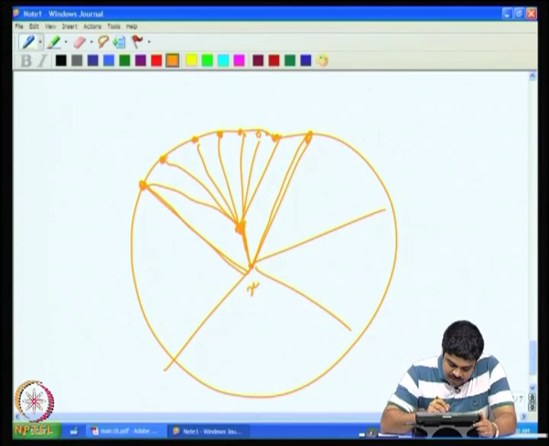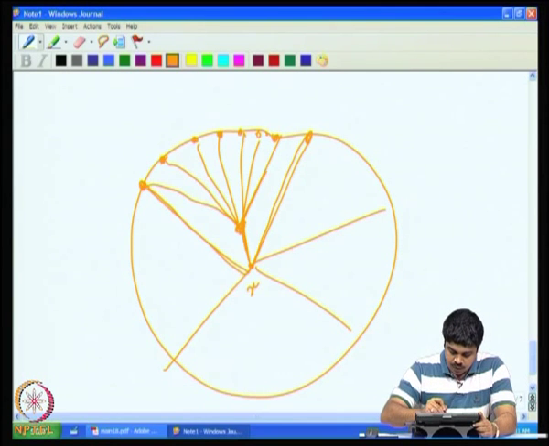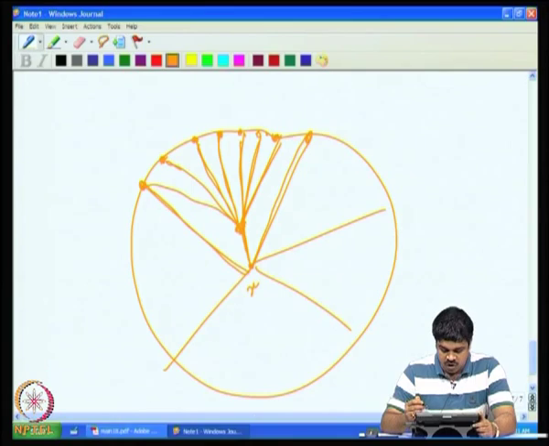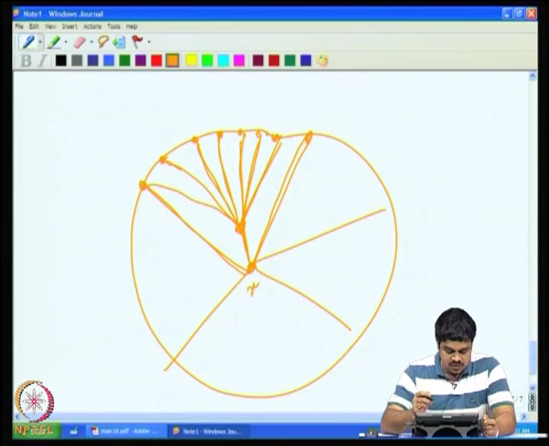We can nicely place it in one of the segments, and all the neighbors of y will be inside this region only. So, that is why we can get a drawing of the graph from the smaller drawing. So, it follows that there are two things we have made use of.